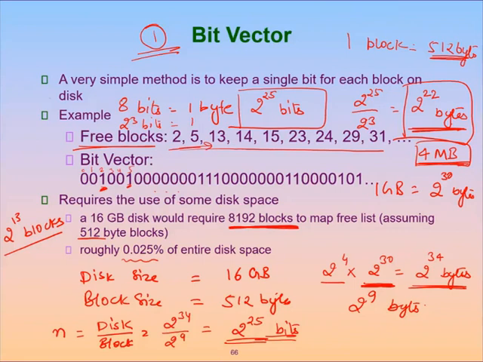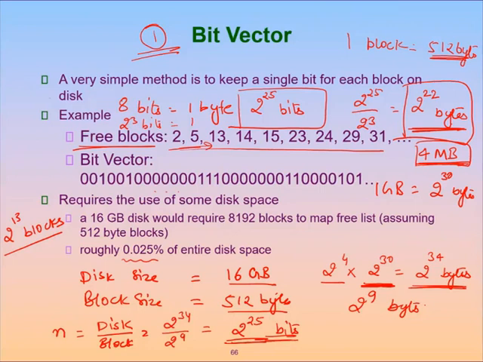Now what I am asking is, how much size is required to store the information about free blocks in the form of a bit vector? If our size is 16 GB and one block is 512 bytes, how many blocks are there?